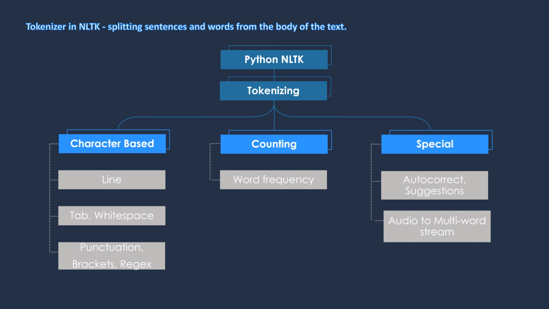It is called tokenizing. Tokenizing, as we just saw, involves splitting a larger structure into smaller components. So in terms of natural language processing, it means taking paragraphs, sentences or words and breaking them down to understand their meaning.